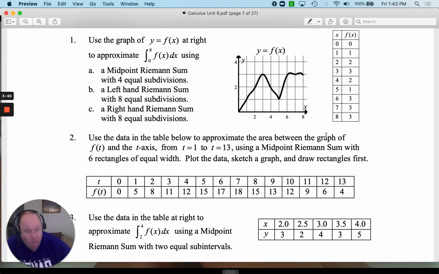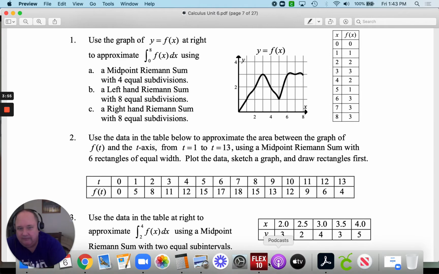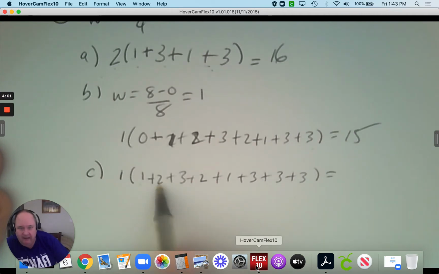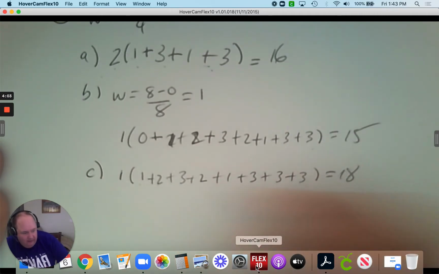So it's going to be 1 plus 2 plus 3 plus 2 plus 1 plus 3 plus 3 plus 3. It's similar, but it's going to be 18 when you add it up. So there's the setup. These are the right heights all the way across, and you get 18.